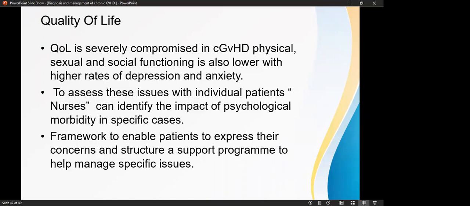So a nurse can assess all these issues and solve the problem, and she can impact the psychological morbidity, and her framework enables patients to express their concern, and the nurse will help, and nurse is the one who can help and manage this issue as well, first of all.